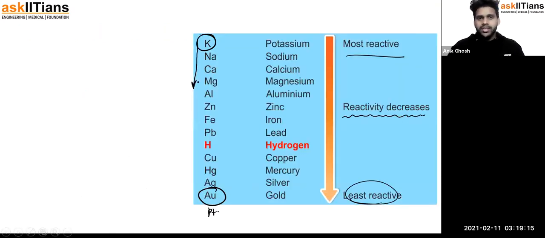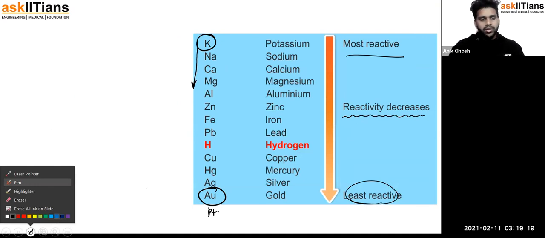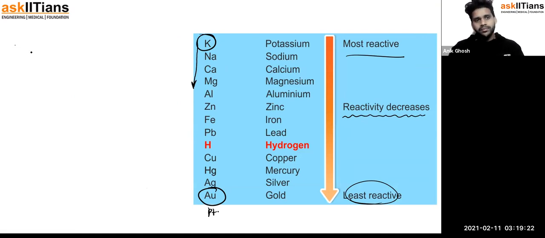Now, as you can see, we have started with potassium over here. So potassium or sodium, when they react with water, the thing we get is NaOH or KOH along with hydrogen.